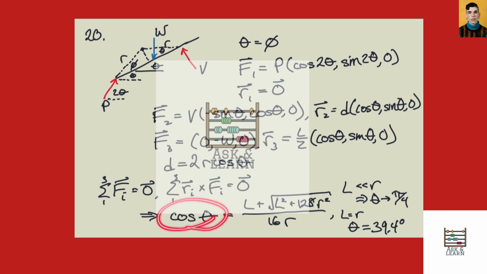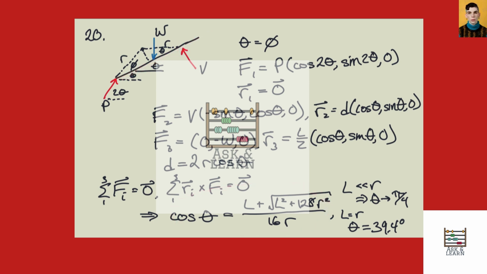Obviously, because there's a quadratic equation for cosine of theta, you get multiple answers. You could have it resting across the bowl. There are lots of answers you can get, but this is the one that is illustrated in the book.